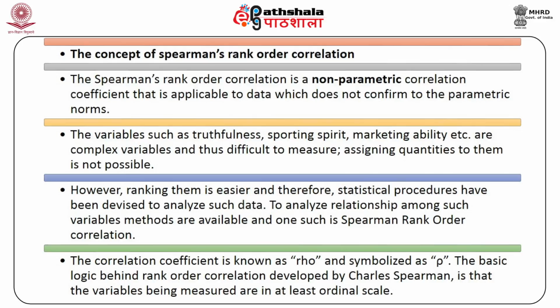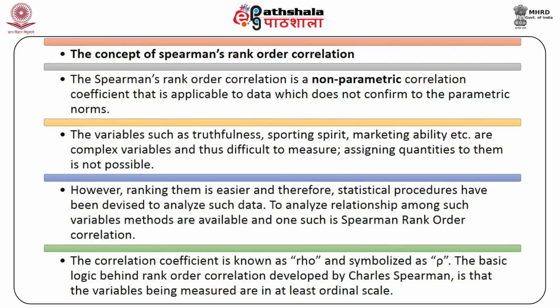The Spearman's rank order correlation is a non-parametric correlation coefficient that is applicable to data which does not conform to the parametric norms. Variables such as truthfulness, sporting spirit, marketing ability, etc. are complex variables and thus difficult to measure. Assigning quantities to them is not possible.